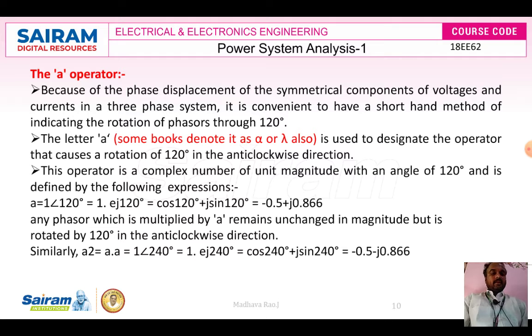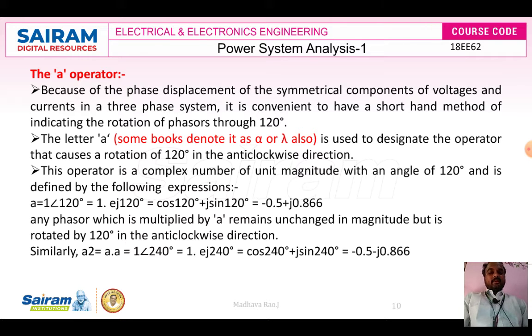The letter A, in some textbooks it may be alpha or lambda instead of A, is used to designate the operator that causes a rotation of 120 degrees in the anti-clockwise direction.